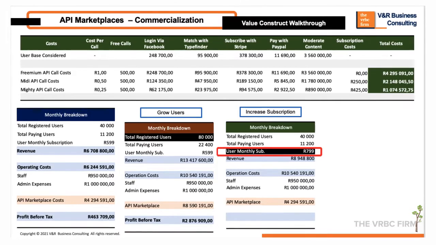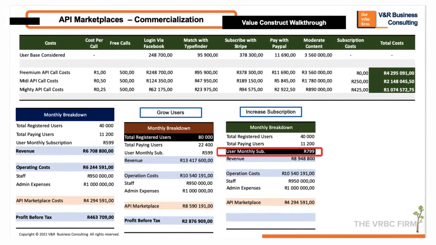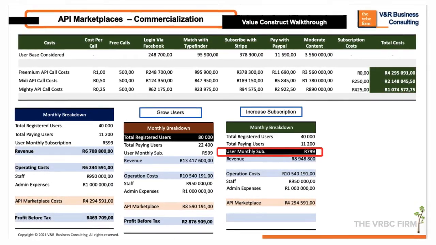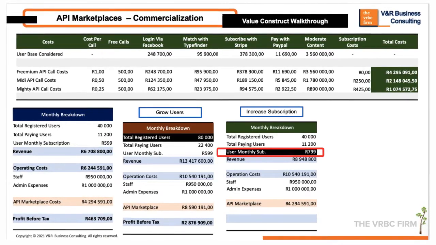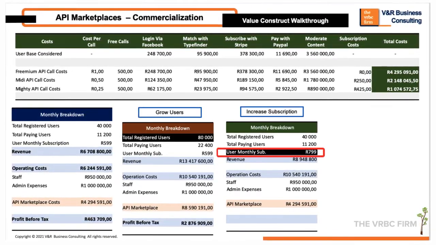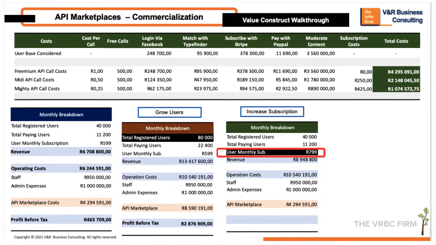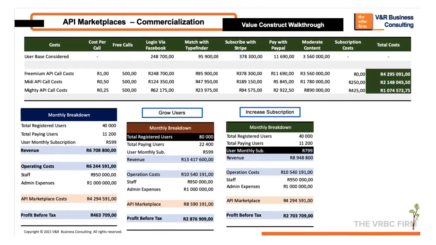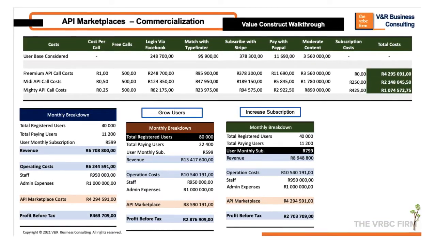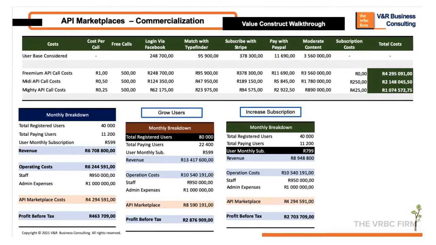Now let's go back to the original number of users, but rather increase our subscription price for our users. The next result is almost the same, assuming we can maintain the same conversion rate at a higher price.